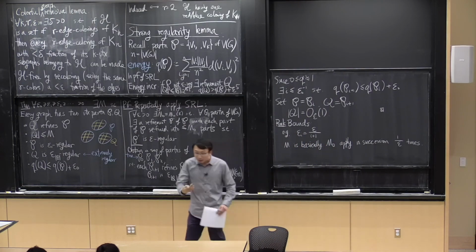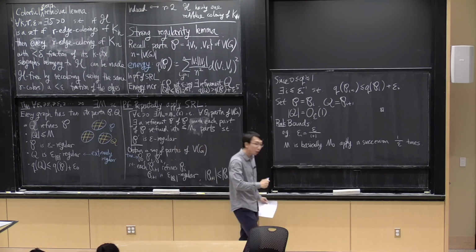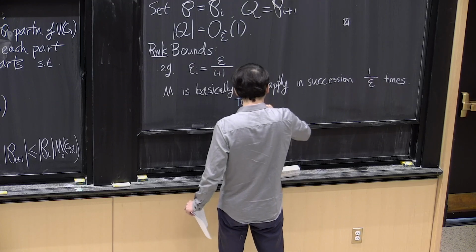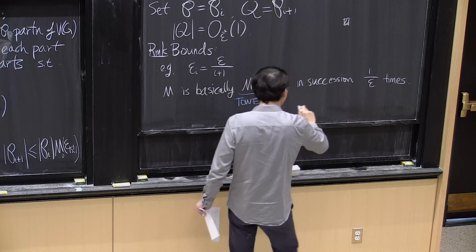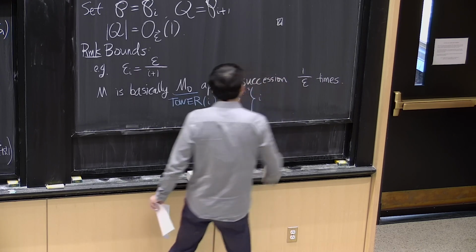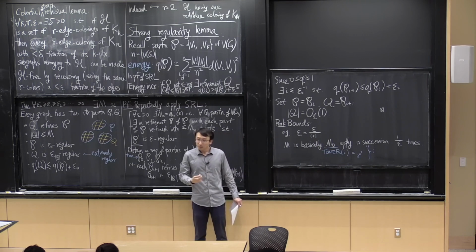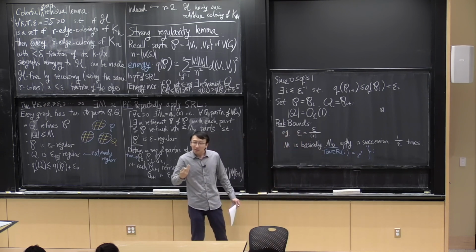And in the regularity lemma, we saw that the M0 that comes out of Szemerédi's graph regularity lemma is the Tower function. The Tower function, let's say Tower of I, is defined to be the exponential function iterated I times. Of course, I'm being somewhat loose here with the exact dependence, but you get the idea that now we want to apply the Tower function I times.